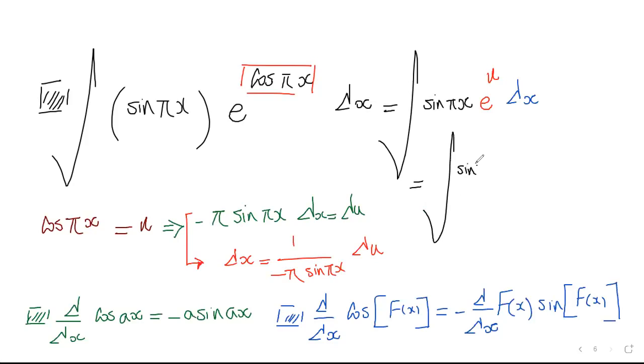As a result, the integration we had becomes this. We have sine pi x, which was originally standing there. We had e to the power u, which was the result of our direct substitution. And instead of dx, I'm going to take the scissors, cut this one, and replace it with 1 over minus pi sine of pi x, and I have du here.